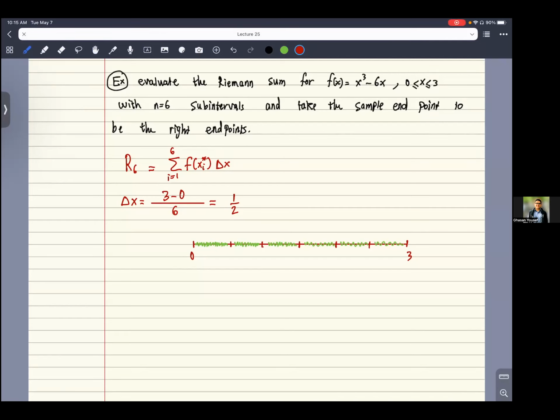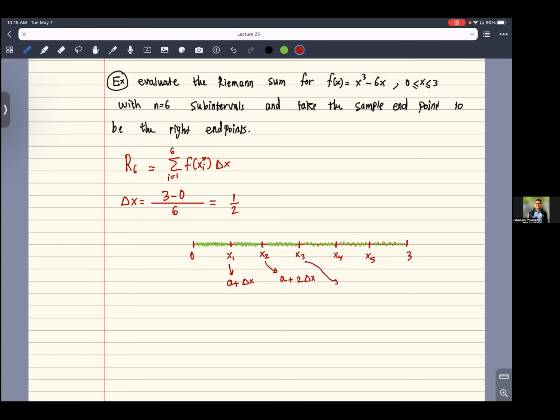So it means this point is equal to x1, x2, x3, x4, x5. So the point x1 is the first point, which is a, which is 0, plus delta x. This point is a plus 2 delta x.